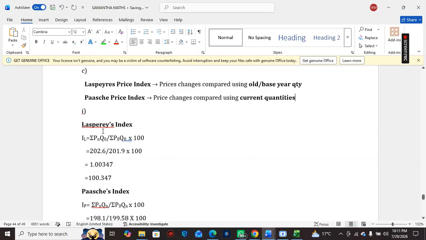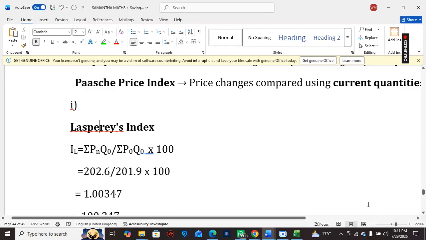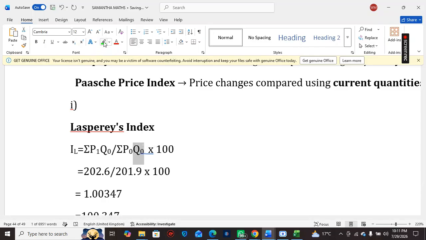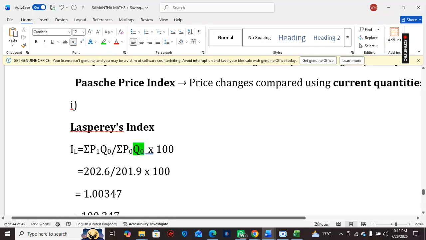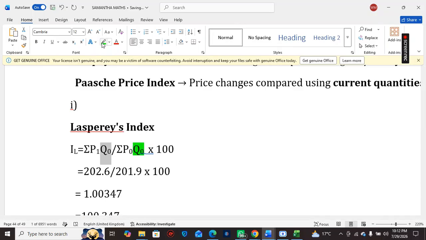So this is the formula for the Laspeyres price index. If you can see in the formula here, since we're comparing price change with base year quantities, have you seen the quantities are fixed here? The quantity stays fixed.